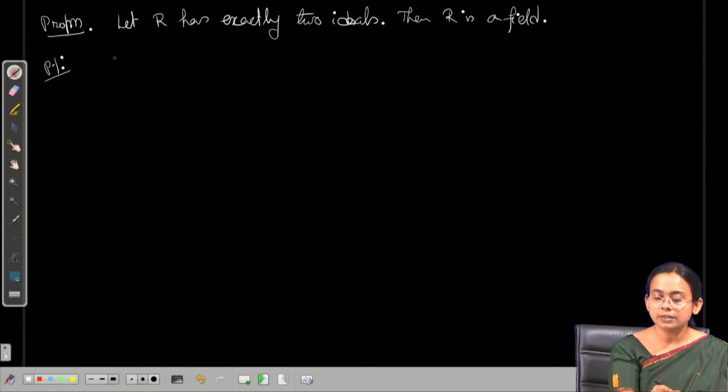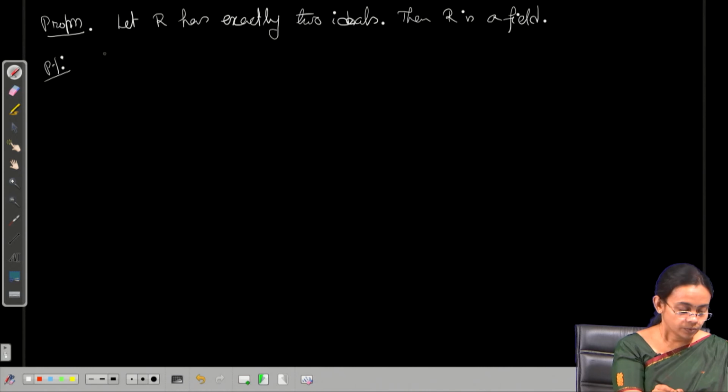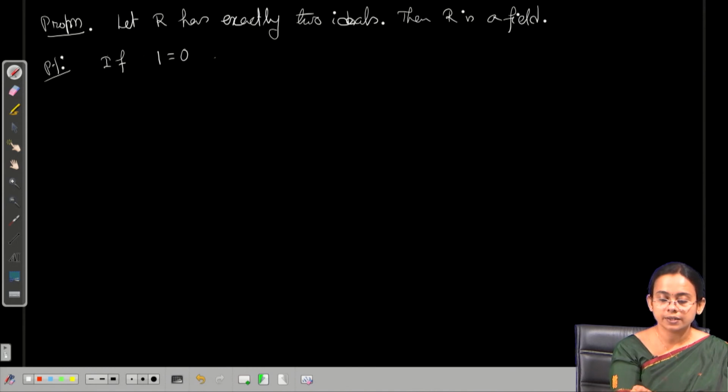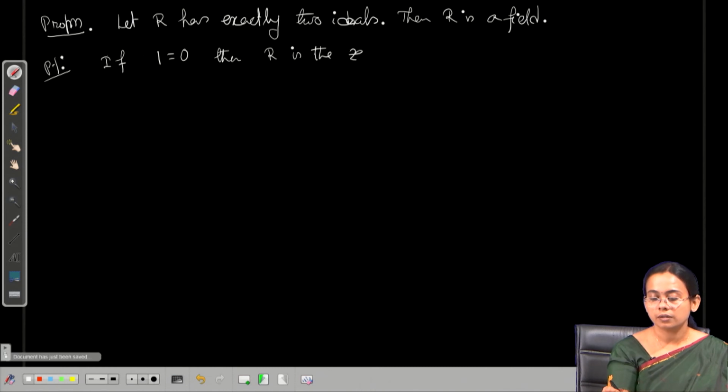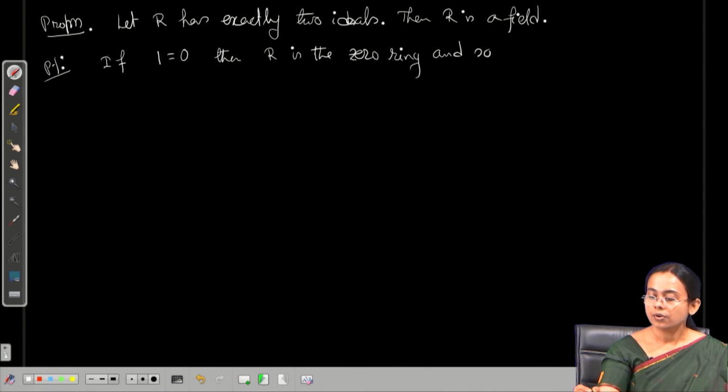So, first we will see that in this ring R, the multiplicative identity is not the same as the additive identity. If the multiplicative identity is the same as the additive identity, then R is the 0 ring, and so it has only one ideal.